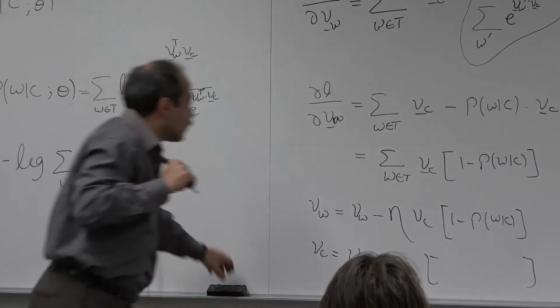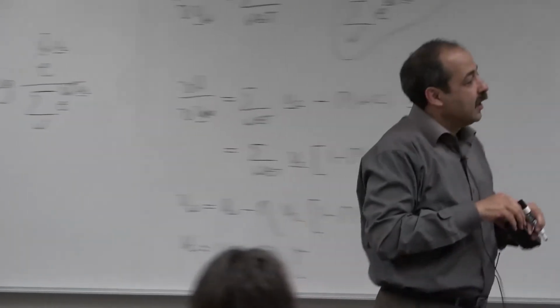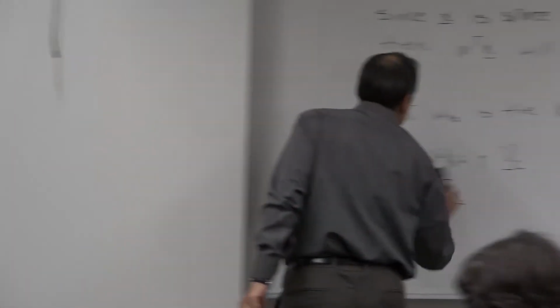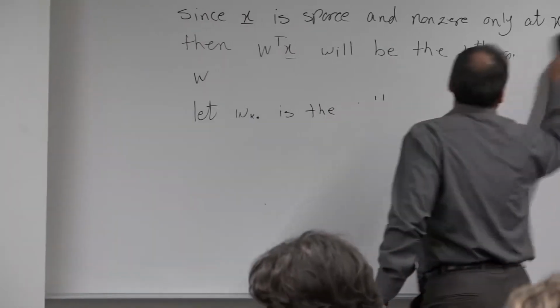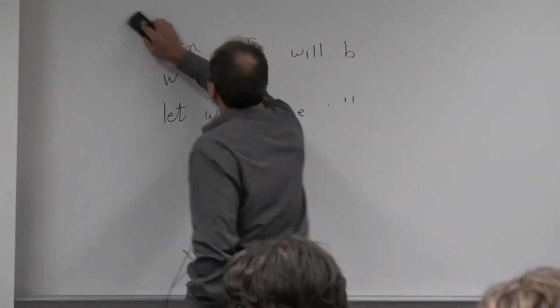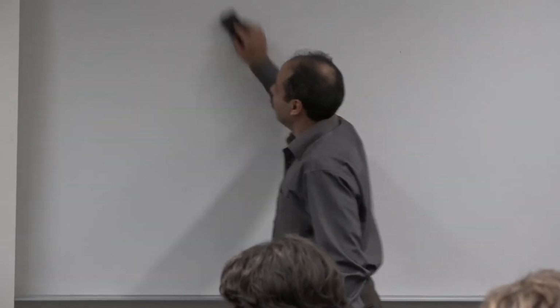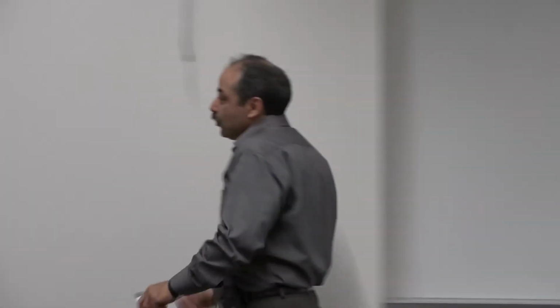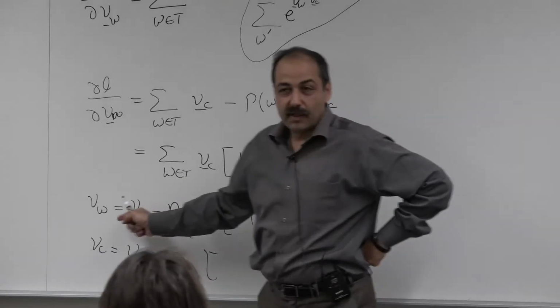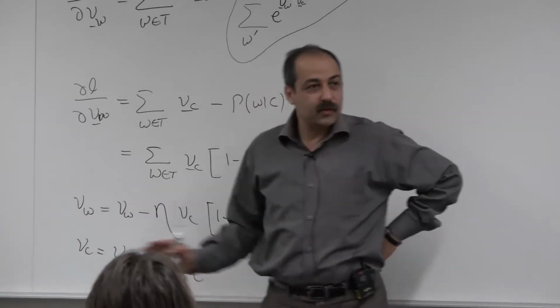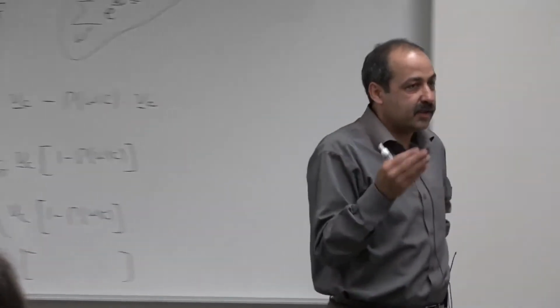Okay? So if you have been careful enough, you notice that we have two sets of vectors, the set of vectors VW and the set of vectors VC, where C represents context and W represents the word.